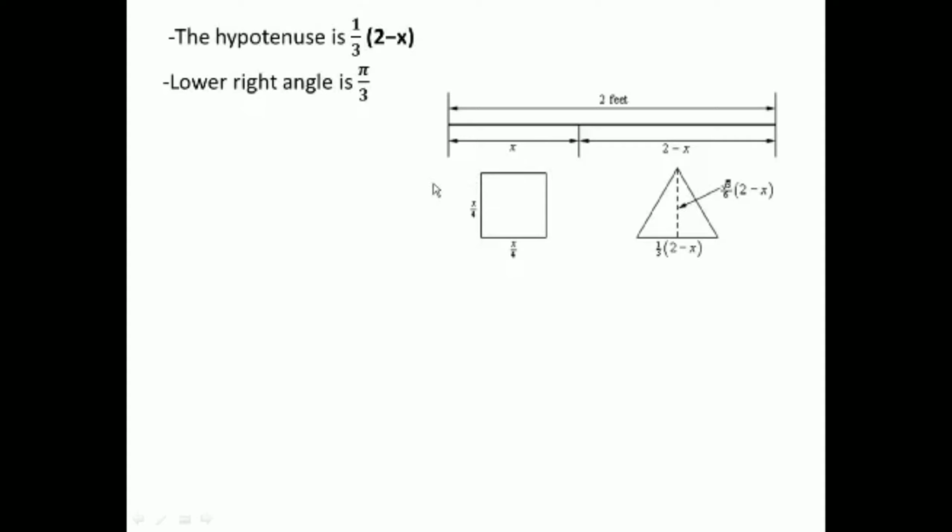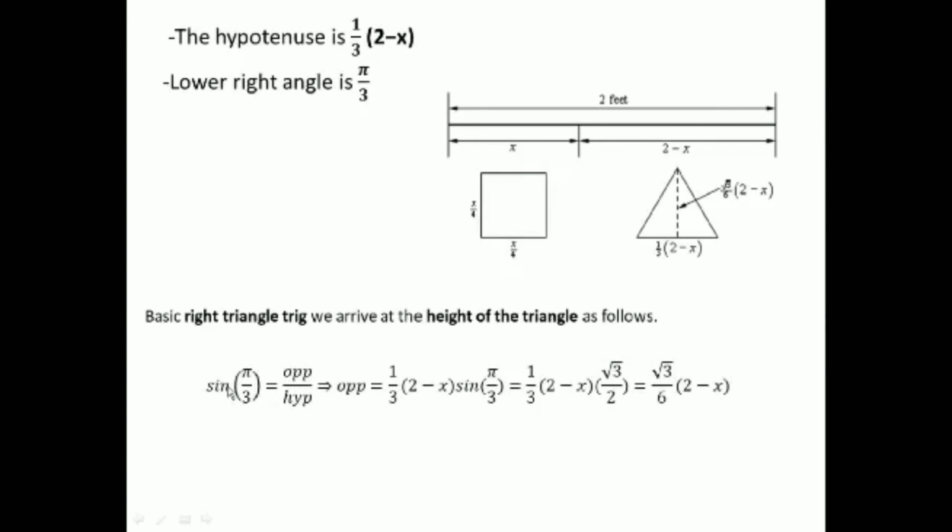Let's look at the right one. The hypotenuse is 1/3 times 2 minus x, while the lower right angle is pi over 3. Finally, the height is then the opposite side of the lower right angle, so using basic right triangle trig, we arrive at the height of the triangle as follows.